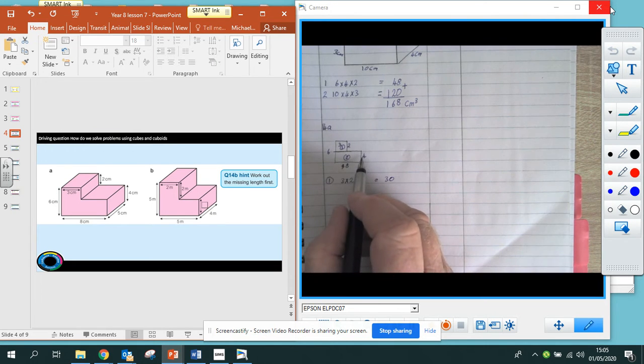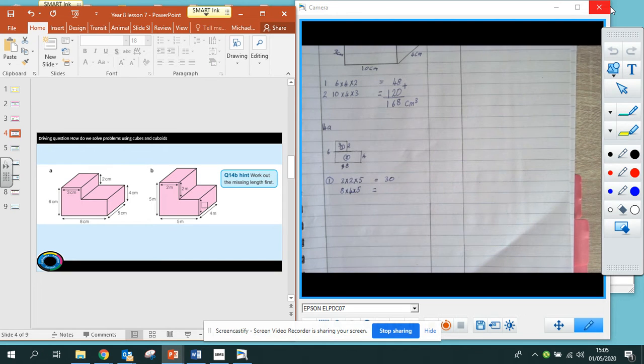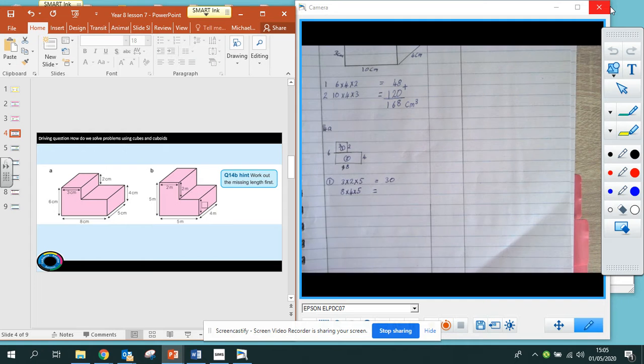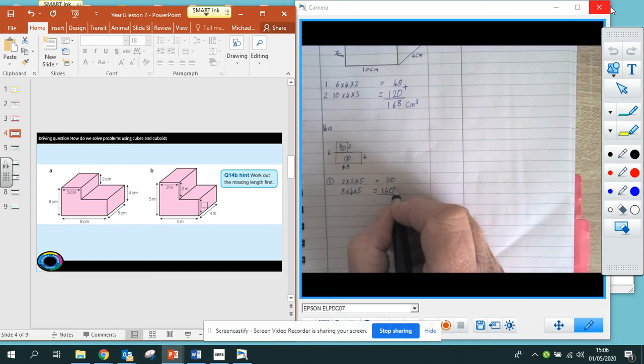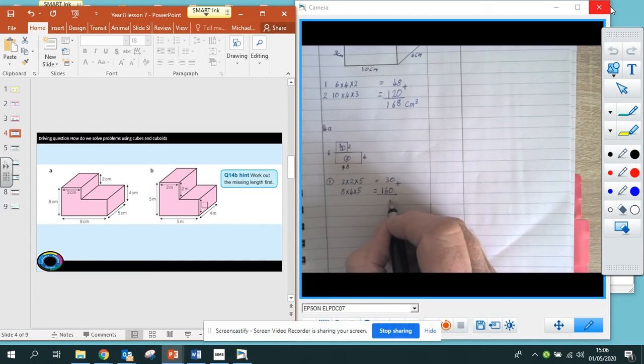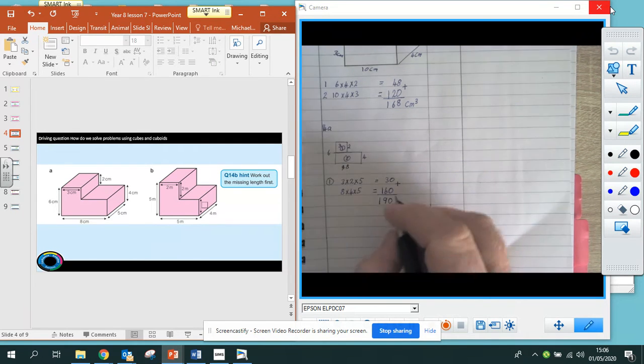And the bottom shape, I know this is 4, so 8 times 4 times 5. And I can work this one out as well. I'm going to work this one going back the other way, so it's easier for me to do. 5 times 4 is 20, times 8 is 160. And now, as before, these two numbers need to be added together to give me a total of 190. But in this case, again, it's cubic centimeters.